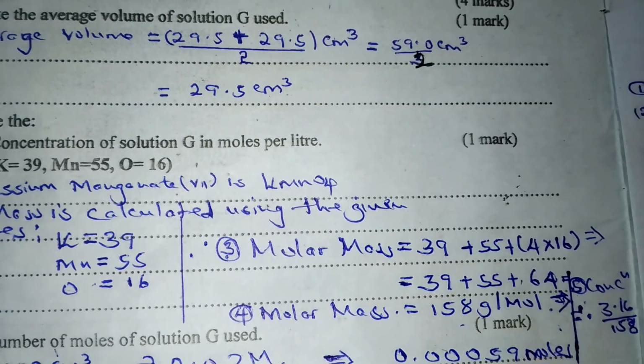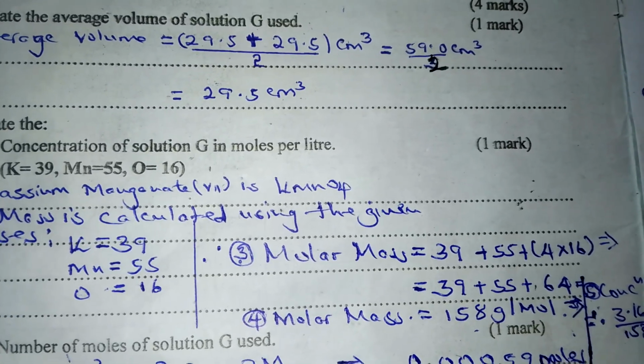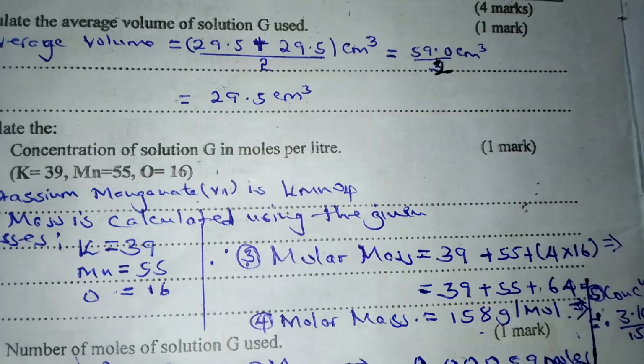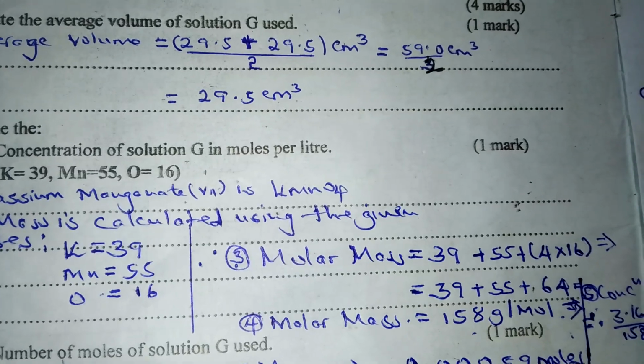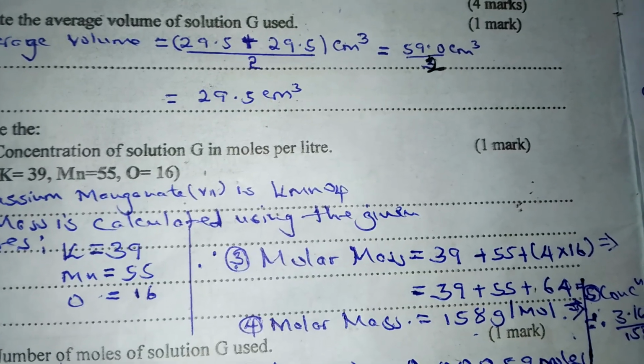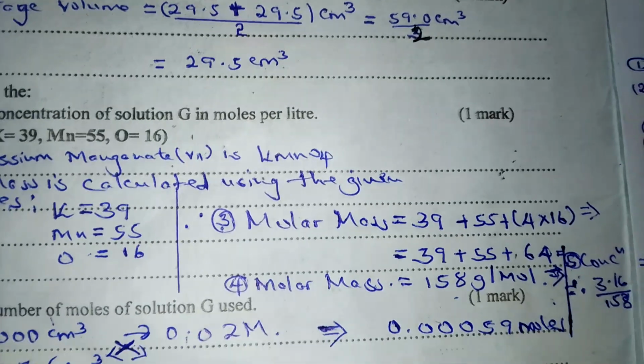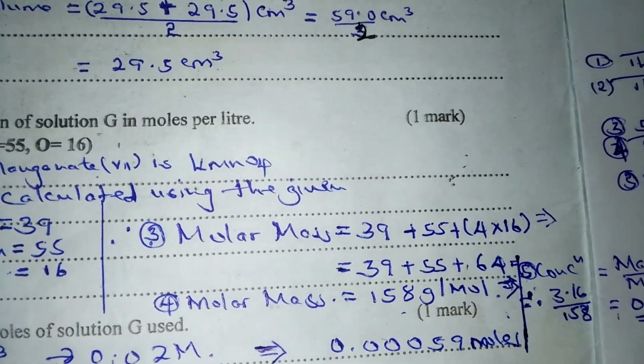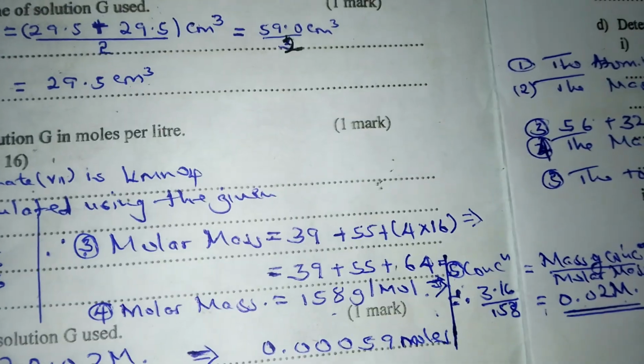Then we added everything together, whereby we got the molar mass as 158 grams per mole.